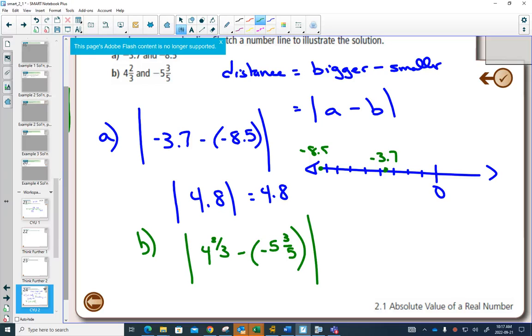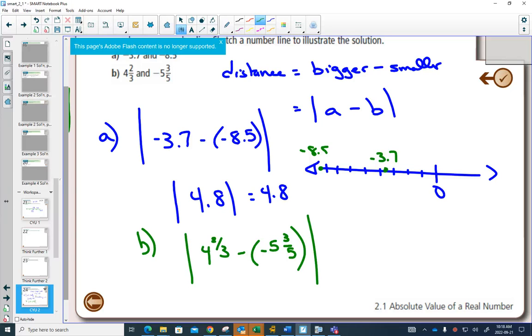Number one thing with absolute value bars, though, is you can't just change symbols inside. You still have to think of them like brackets. Simplify inside first, then change things. So for example, in A, you can't change this negative in front to a positive 3.7. It's only finding the distance to 0 after you've done all the operations inside.